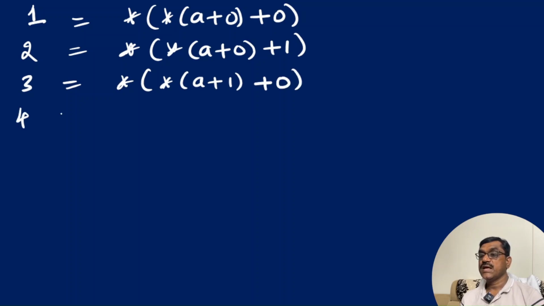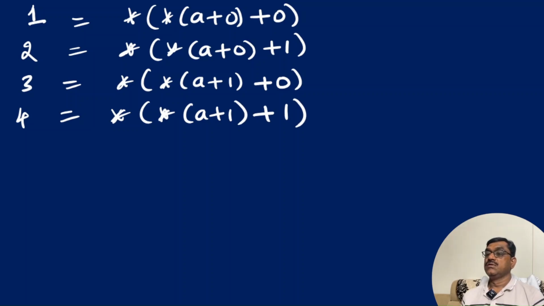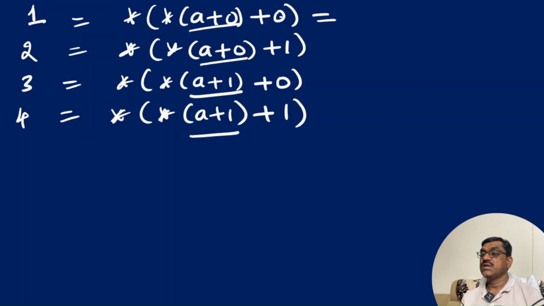And the fourth element is accessed like this: star of star of a plus 1 plus 1. See, a plus 1 is pointing to the second one-dimensional array. a plus 0 is pointing to the first one-dimensional array. The first element of the first one-dimensional array, the second element of the first one-dimensional array, that's the meaning. The same thing can be written as a[i][j], where the i value and j value are zeros.